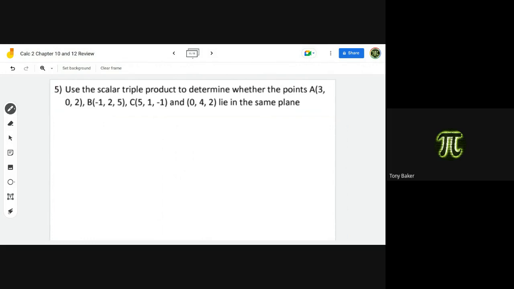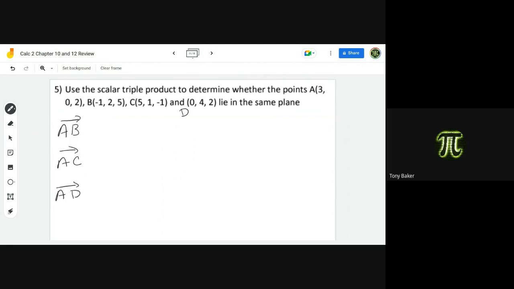When you're doing these though, and there should be a D there, you need vectors, not points. So we're going to find vector AB, vector AC, and vector AD.